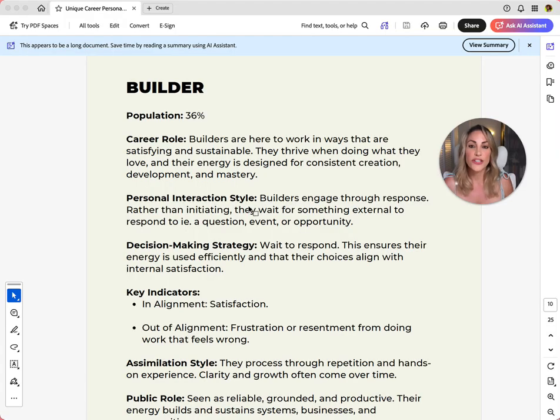And the interaction style of the builder is to engage with other people by responding to things. What that means is that you have this energy which draws people in like a magnet, and then you will respond to opportunities that come to you that you draw in. So you attract these things through your energetic magnetic pull, and then you respond.